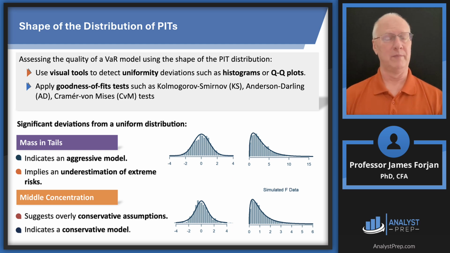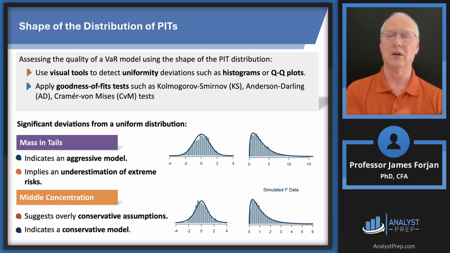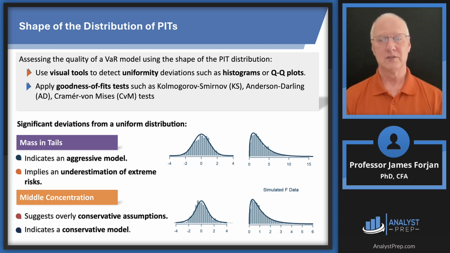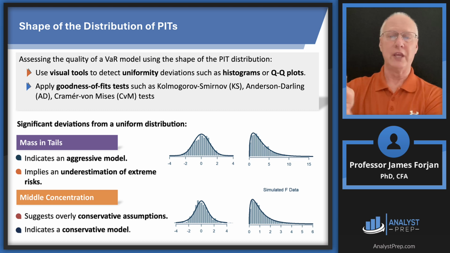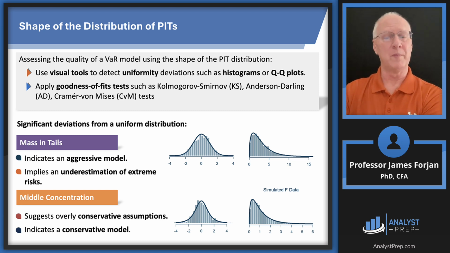I wouldn't be surprised if on the exam you saw some of these distributions and you could clearly say, hey, something's going on in the left tail, something's going on in the right tail, something's going on in the middle. Look at that normal distribution there in the two in the middle. You have a little bit more there over in the positive end.